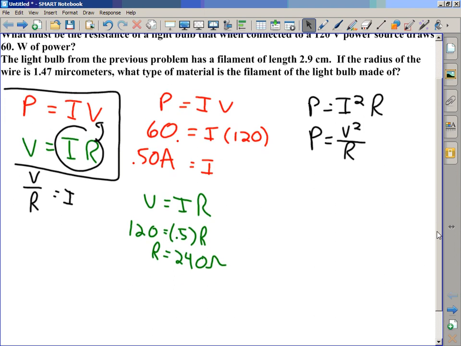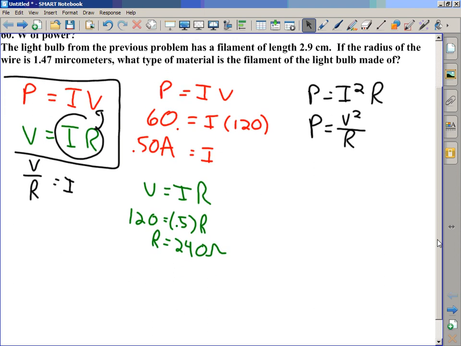Next step here. It tells us the length of the wire and a radius, and it asks us what the light bulb is made of. Now, the resistivity of each material is unique. Each material's resistivity is constant and unique to that individual material. You figure out what the resistivity is, look in a table in a book, and find out what material it is. So we're solving for rho here.